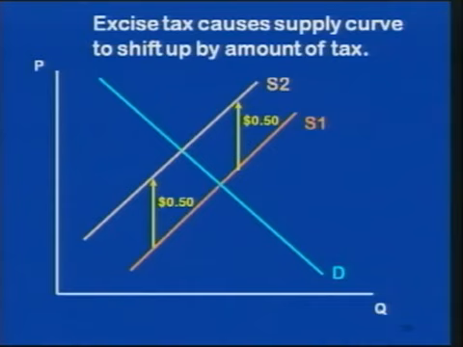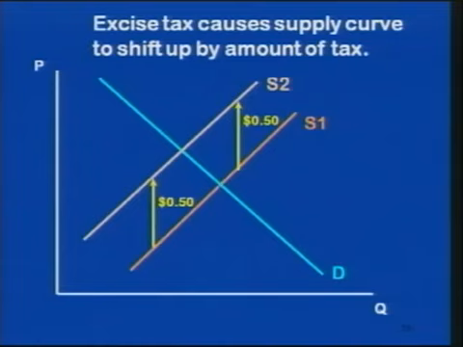Okay? Now we add a 50-cent tax. What that means is we have to charge consumers 50 cents extra for suppliers to get exactly the same amount of money as they were before.